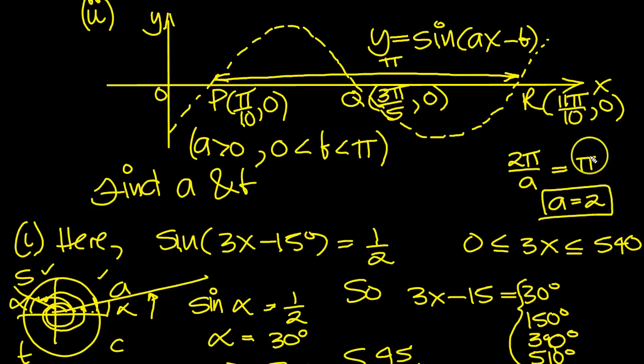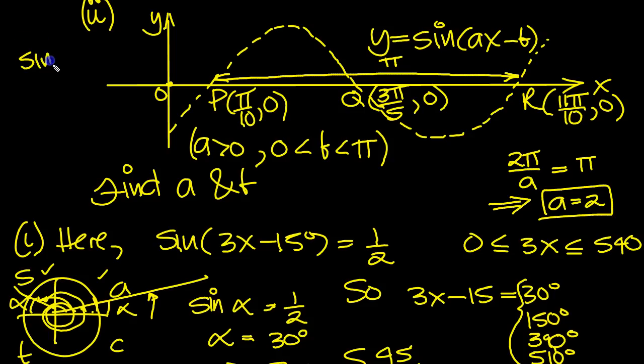So all we need to do is move the a up and the pi down, and a equals 2 is what we get there. Now, this is pi over 10. It's shifted along by b from here. Now is it plus or minus? If I put b as pi over 10 in here, how much am I shifting it by? In this picture, here's our sine 2x as it were, but it's shifted along by pi over 10.